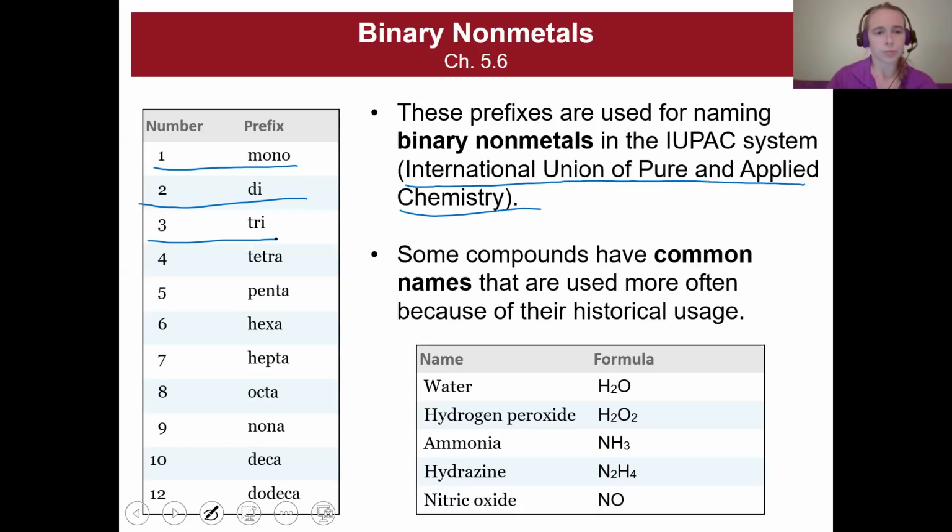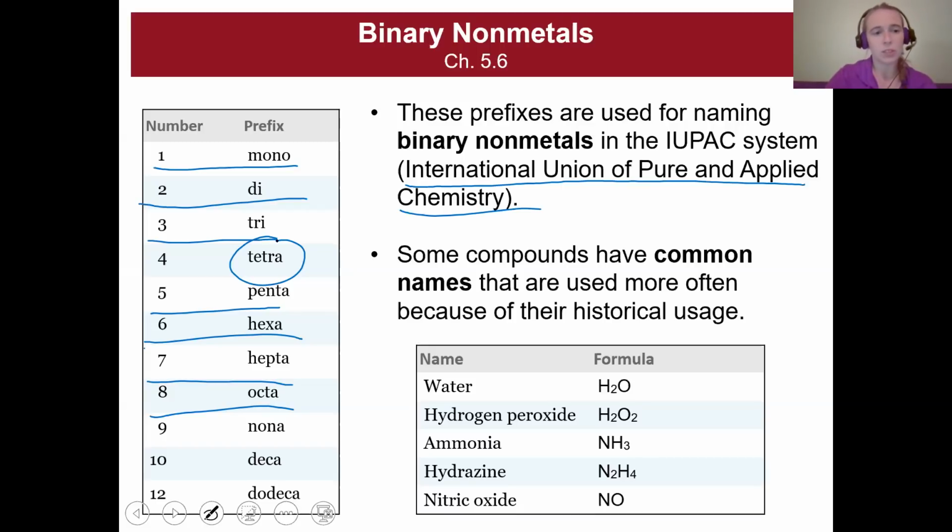Or let's see, we have a pentagon with 5 sides, a hexagon with 6 sides, a heptagon with 7 sides. So when we're talking about geometric shapes, these all come from those prefixes. Tetra is one that's a little weird. That comes from a tetrahedron, which is another geometric shape, 3D geometric shape actually.